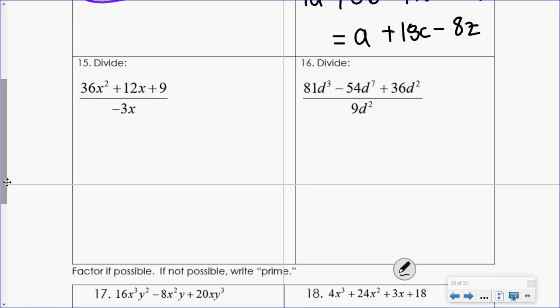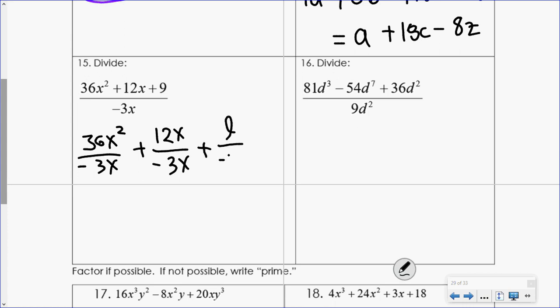Now, very much like before, we're dividing each term by that factor. So 36x squared over negative 3x plus 12x's over negative 3x plus 9 over negative 3x.